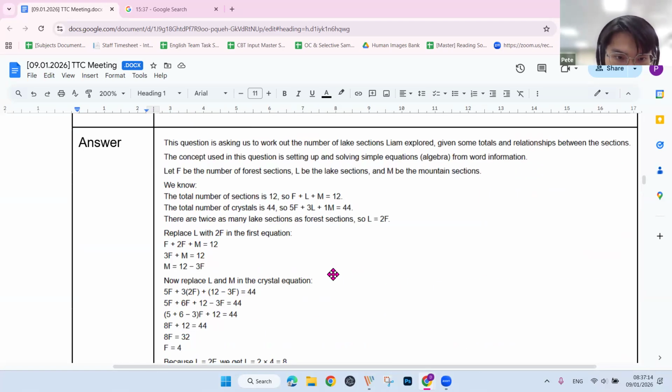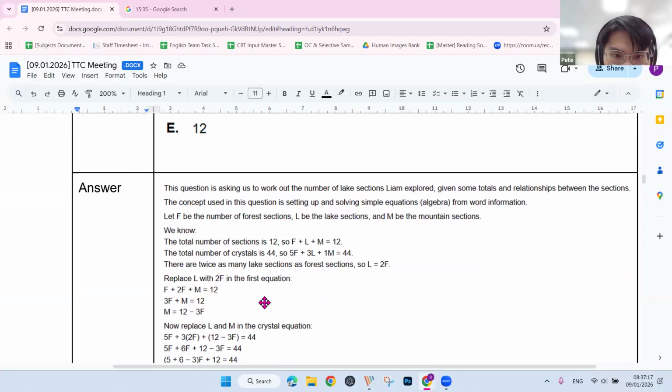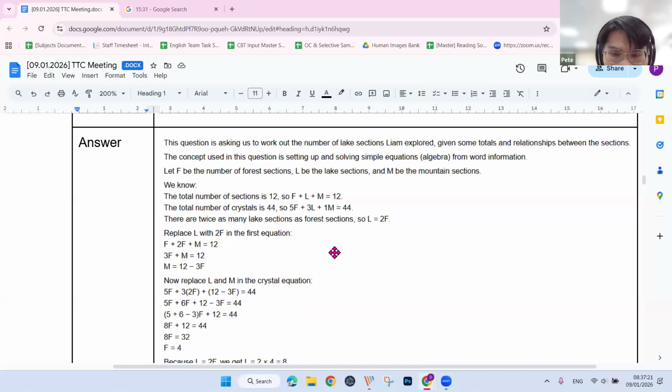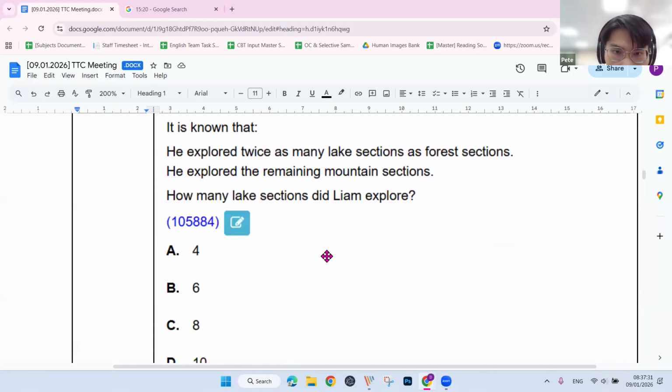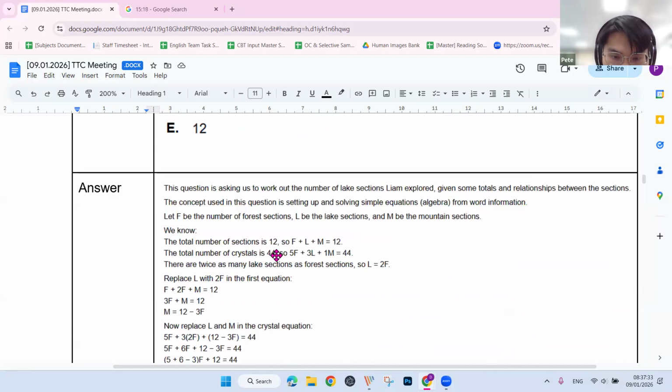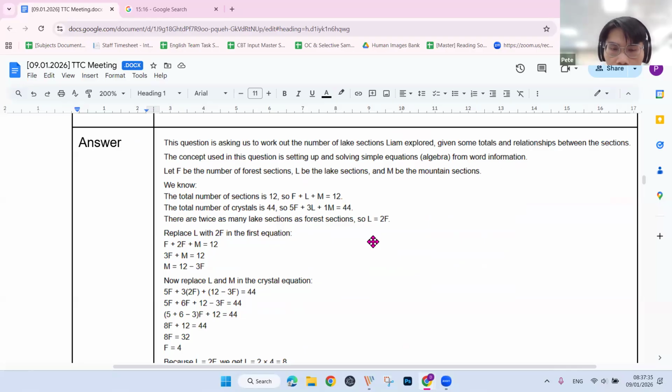Also, the total number of crystals for all these sections is 44. Each forest section gives 5 crystals, each lake section gives 3 crystals, and each mountain section gives 1 crystal. So the second equation is 5F plus 3L plus M equals 44.